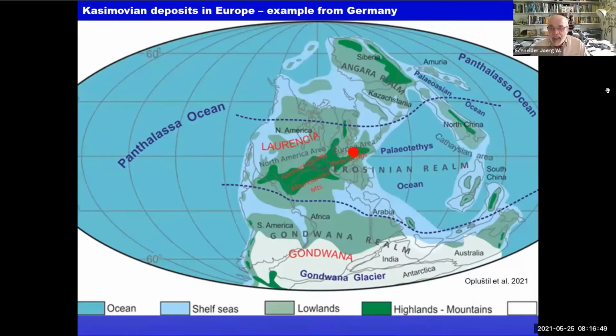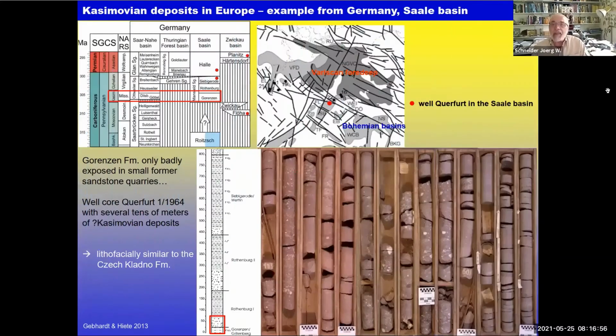Now in Germany, next. In Germany, we have the Kasimovian Duisburg and Bettelborn formations, which are only known from former coal mining, for the Saar Basin. And we have some small outcrops of the Göhrensen Formation in East Germany in the Saale Basin.